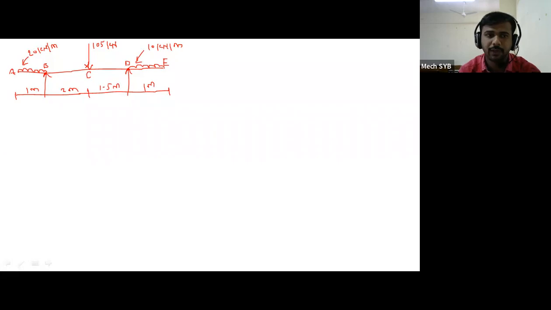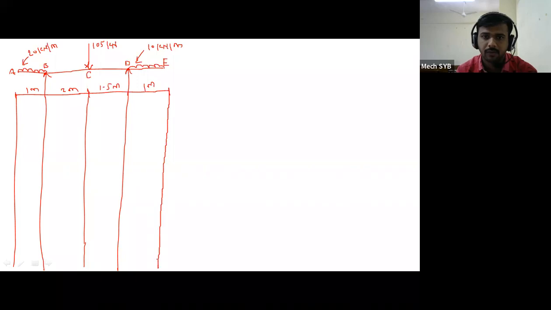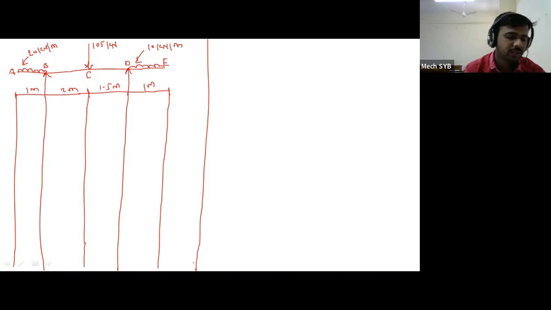First, we have to take the projection lines below, as per their original points. These are the projection lines we have taken at the bottom side.